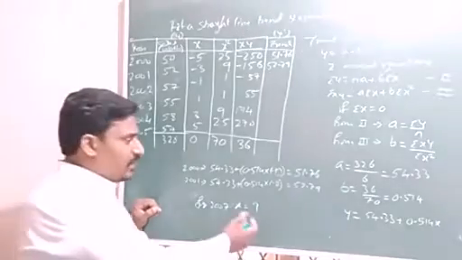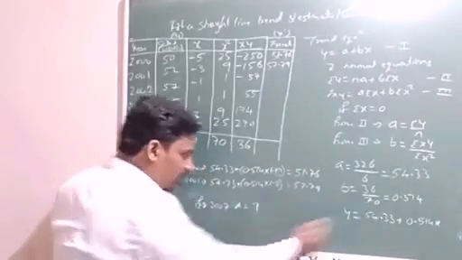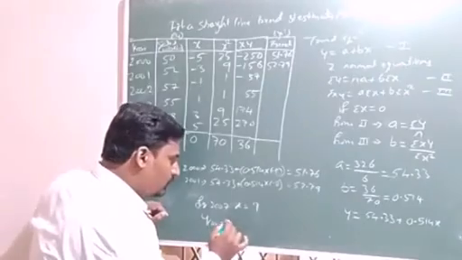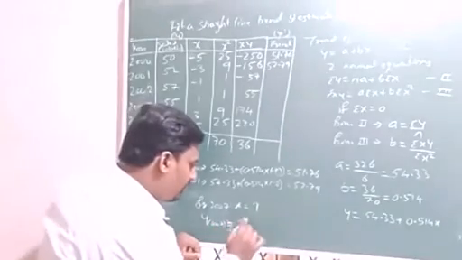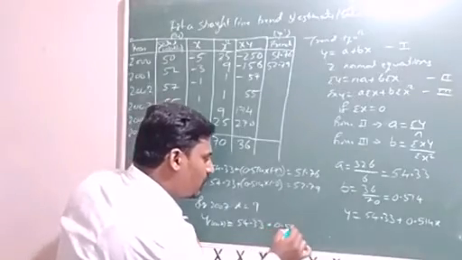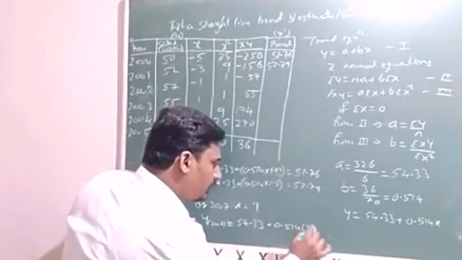Fill that value in the equation. So y for 2007 is equal to 54.33 plus 0.514 into 9.